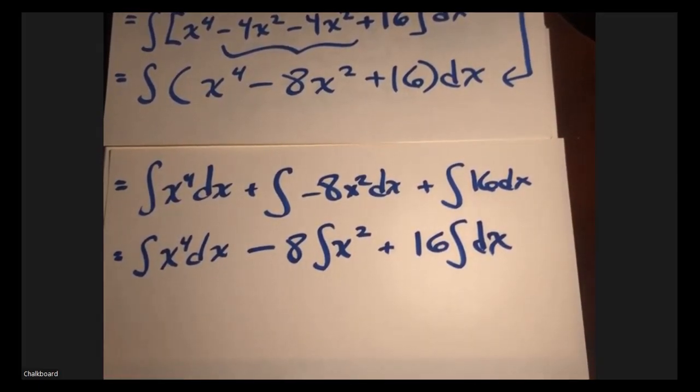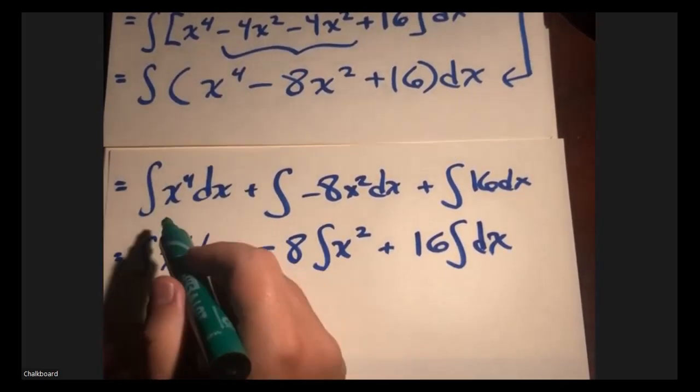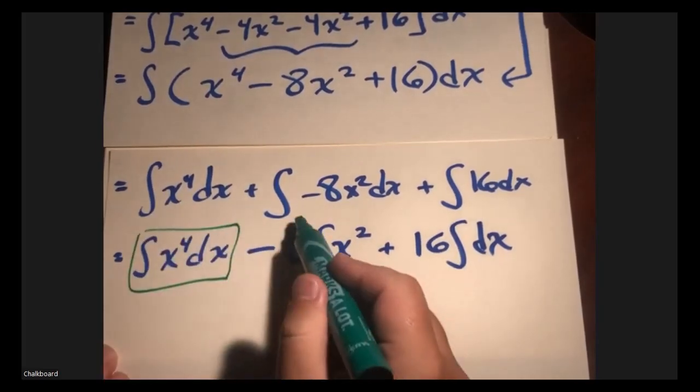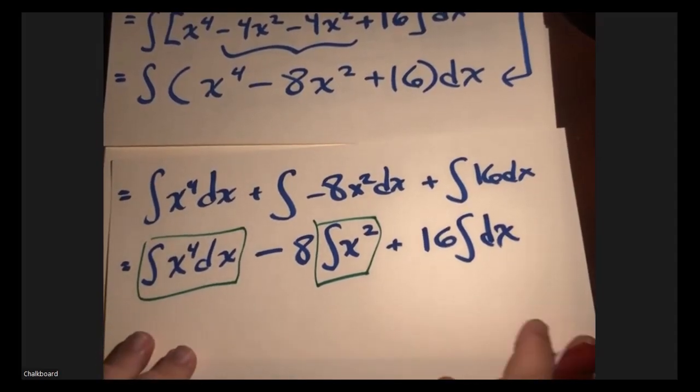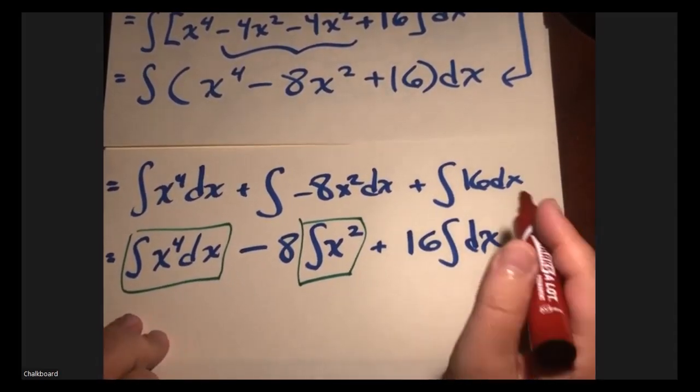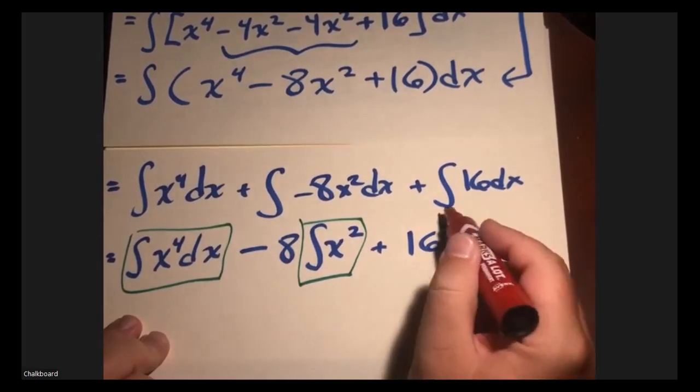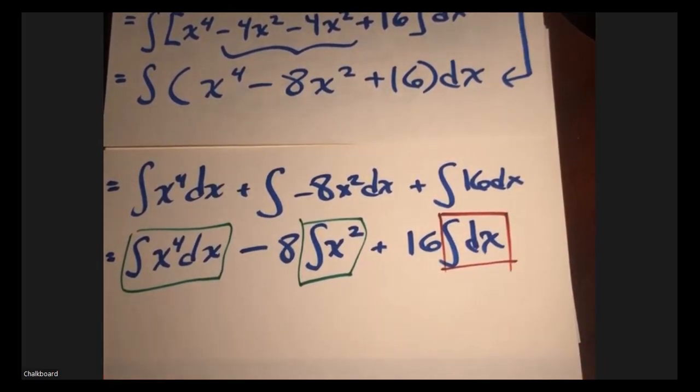Now, each of these first two cases is a power rule. This last case is the other rule that we haven't used yet, which is the identity fact that the integral of dx is just x. Okay, so let's use those now.